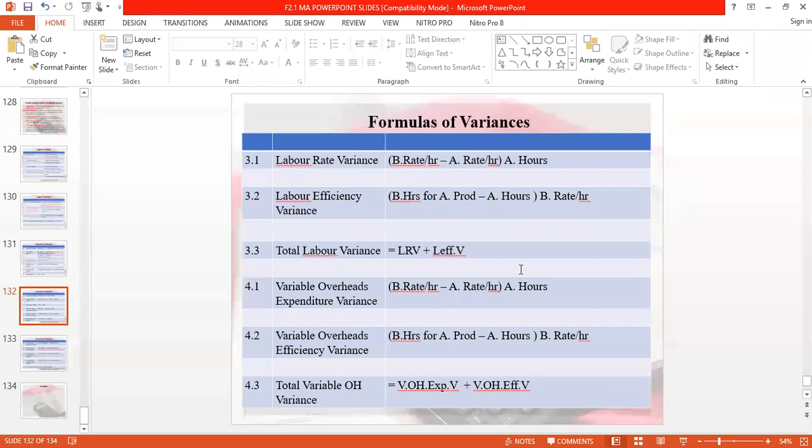Ali, we will tackle idle time variance when we reach there. Idle time variance is the expected idle time minus actual idle time, times the rate per hour.